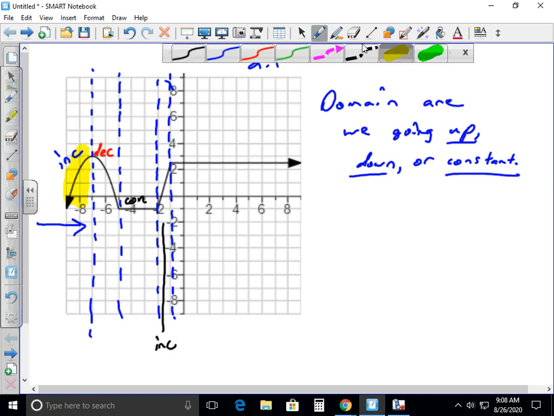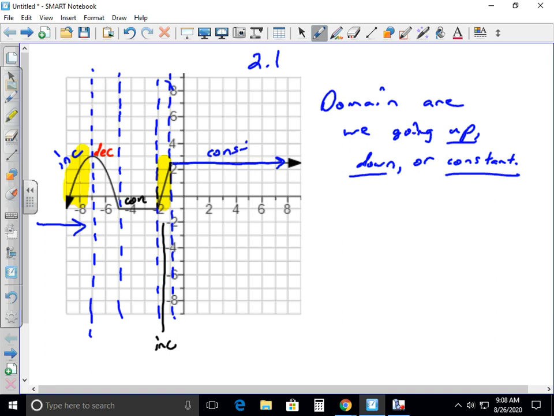And this last section is staying at the same height, so it's constant. So those are the sections that are going up, going down, or staying the same, but how do we describe those?